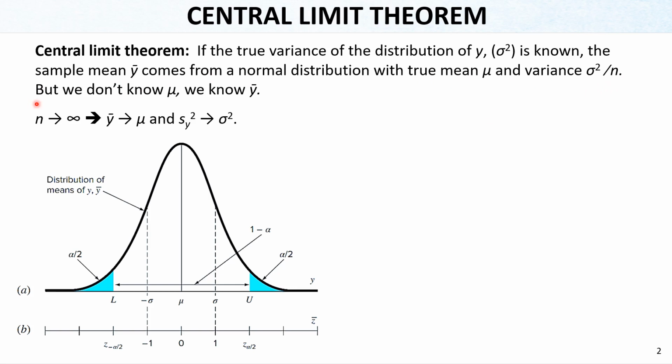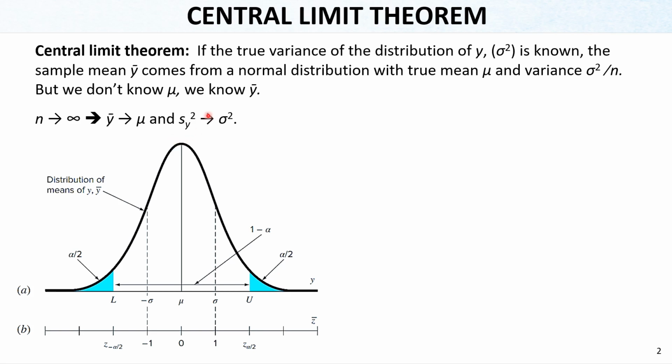But the problem is we don't know the true mean and we only know the mean of the samples. The idea is that as n goes from a limited sample to an infinite sample, the sample mean goes to the true mean. So for an infinite sample, or for enough samples, actually a large number of samples, we can have the true mean.